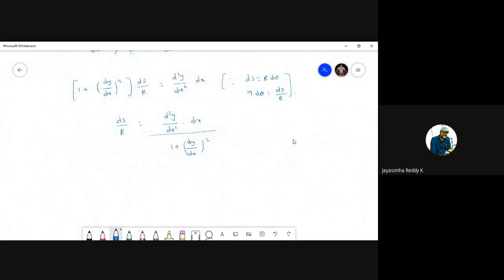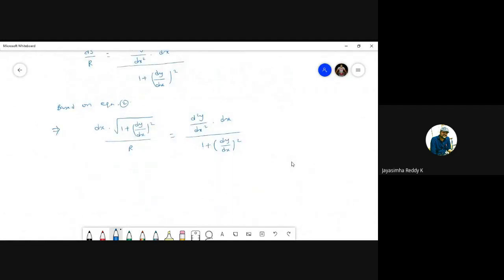This implies, based on equation number 2, I can make ds as dx multiplied by root of 1 plus dy by dx whole square by r is equals to d square y by dx square into dx by 1 plus dy by dx whole square. Is it right? So I can write it like this, right?